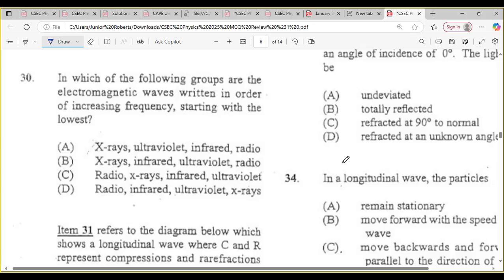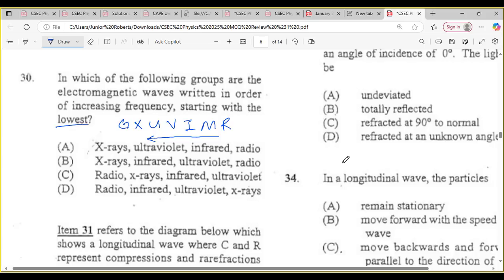So we can recall our electromagnetic spectrum: gamma rays, X-rays, ultraviolet rays, visible light, infrared, microwaves, and radio waves. Now, we have frequency increasing towards the left, right? So, radio waves would have the lowest frequency. So, our answer now could either be C or D, right?